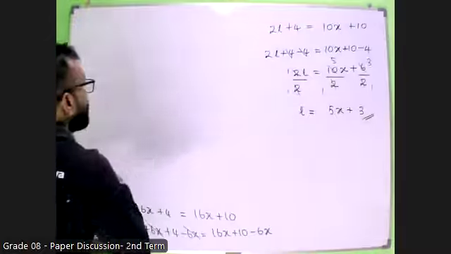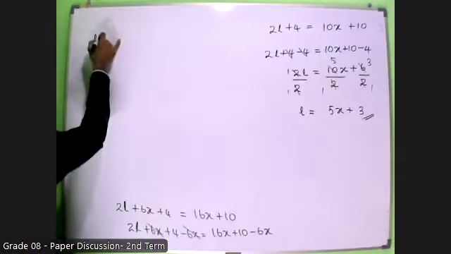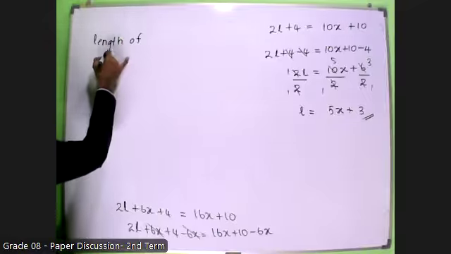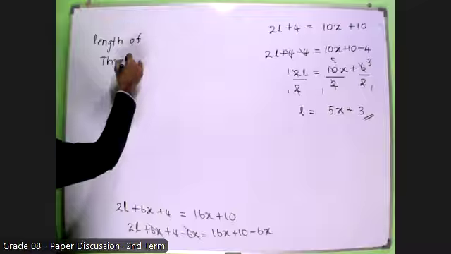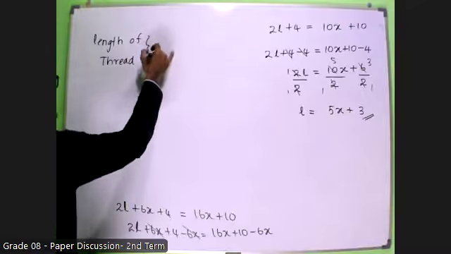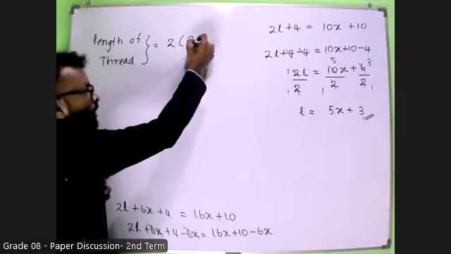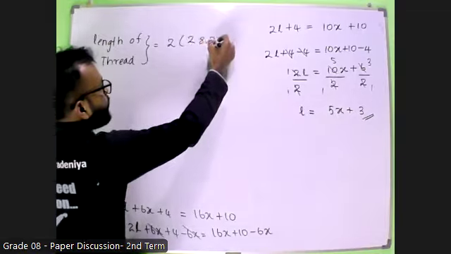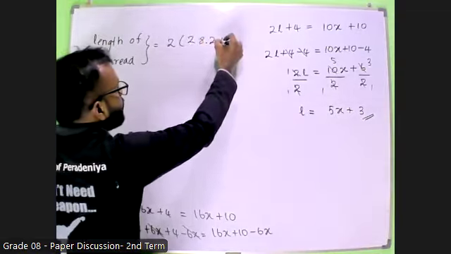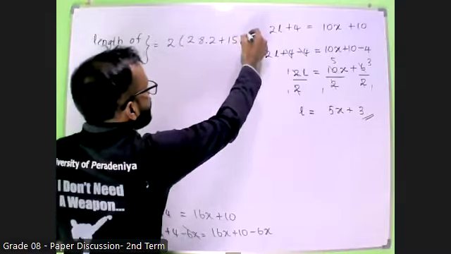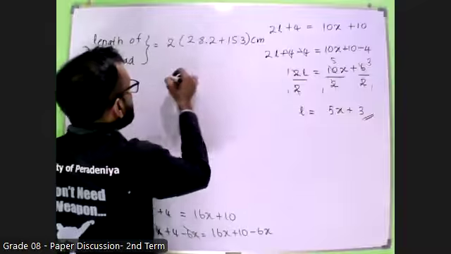That means you have to find the perimeter of that rectangular shape. So you can write the length of the thread equals 2 times 22.2 centimeters plus 15.3 centimeters.